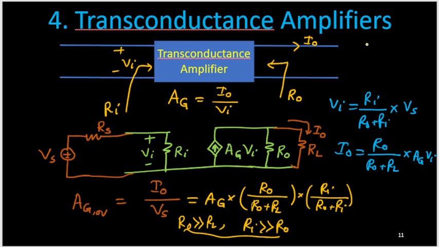Ideally, Ri for this transconductance amplifier should be infinite, and R naught should also be infinite. Then it is an ideal transconductance amplifier. I hope you have got this point, right?